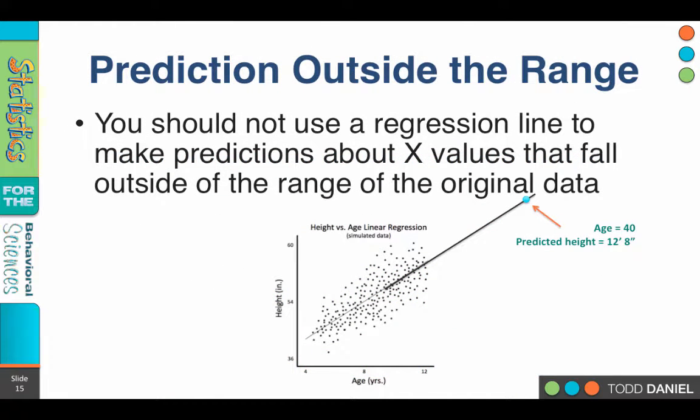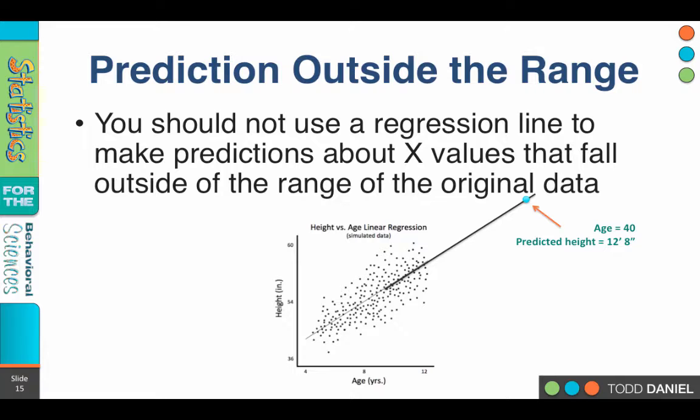Now we have to be careful when we're making predictions to stay within the range of the data. In this example, I have some imaginary data of age and height. And what we see is a pretty strong positive correlation between those two. But the ages run from 4 to 12 years old. What happens if we try to predict outside of the range using that same regression line?